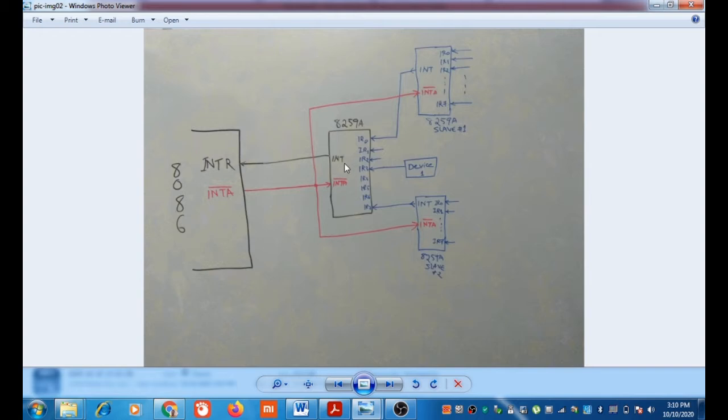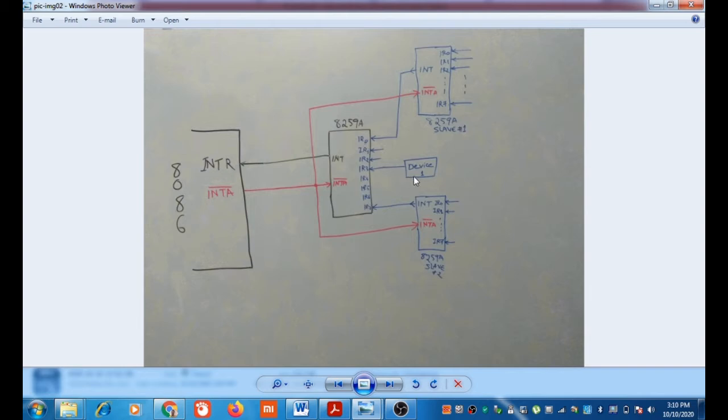This one is connected to 8086. So this 8259A is called the master PIC. The others are slaves. The slave 8259As can be connected to any IR line of the master.